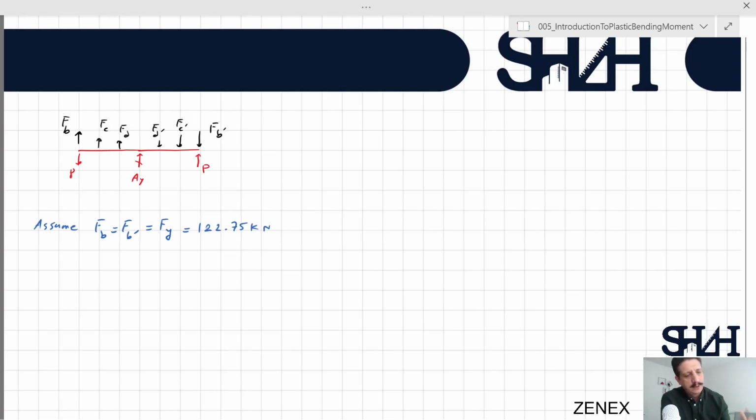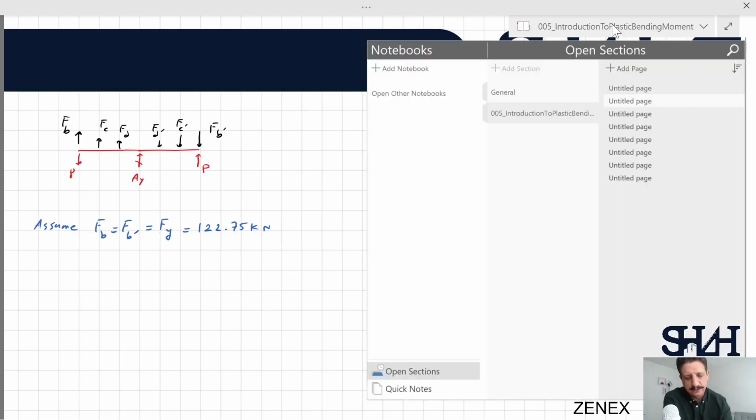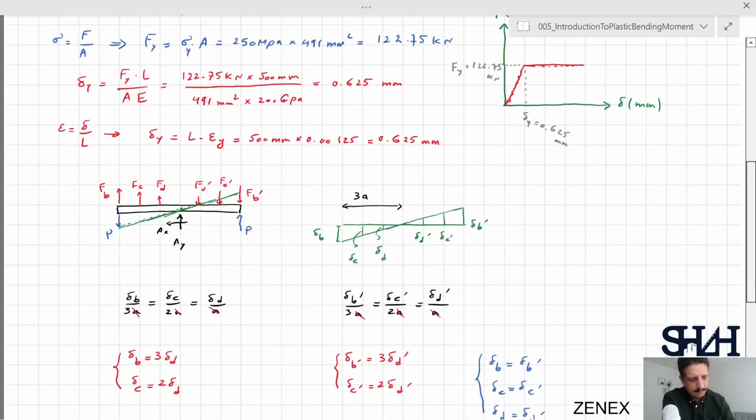So now we can calculate what the forces in FC and FD would be by the equations that we determined based on the compatibility equation.